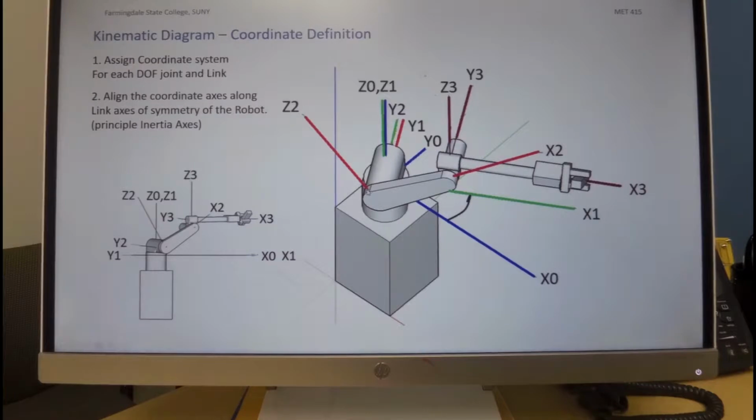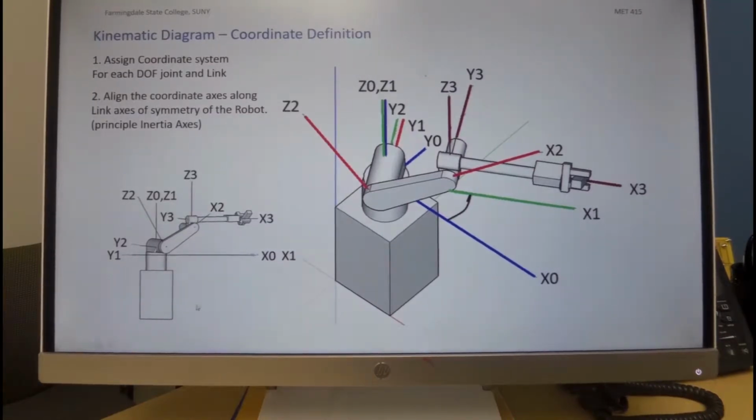In coordinate system 2, we have not only x2 but a little bit of offset. We have the coordinate origin of system 3, where the axis is along the link, and z and y are shown over here, a right-hand coordinate system. Basically, this is the representation of the robot coordinate system.